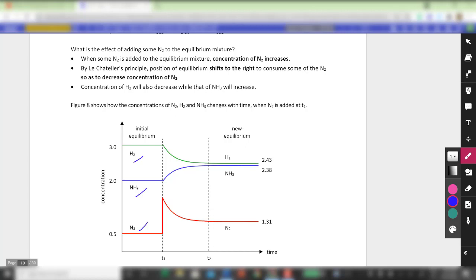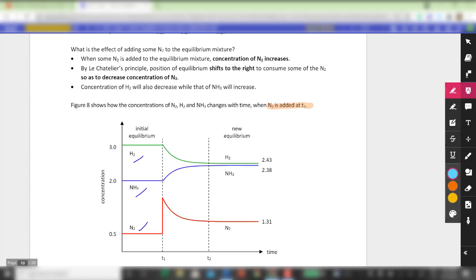At a certain time t1, I introduce N2 into the system. So N2 is introduced at t1.